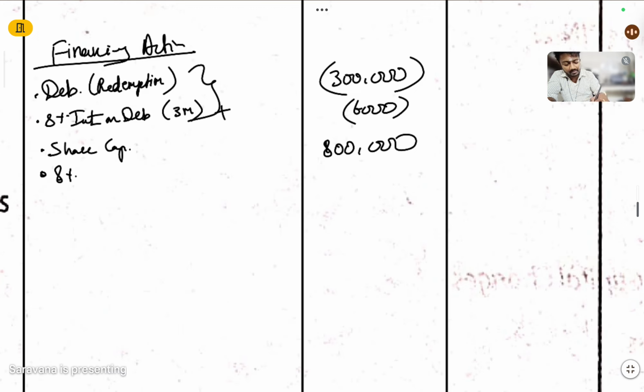Or else you can do clubbing also. 6,000 plus 8,000, 14,000 you can write. 6,000 for short term, and this 8,000 for the long term.